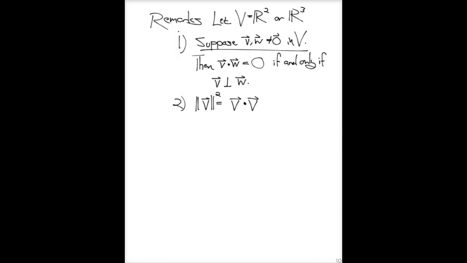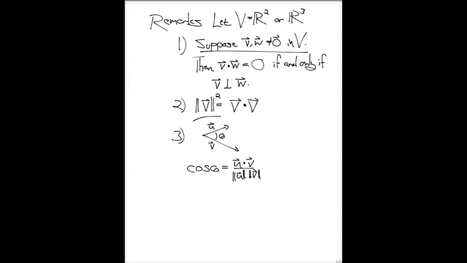The second property is that the norm or magnitude of the vector v squared is just the dot product of v with itself. The third remark is that if u and v are two vectors separated by an angle theta, as pictured here, then the cosine of that angle can also be written as the dot product of u and v over the norm or magnitude of u times the magnitude of v.